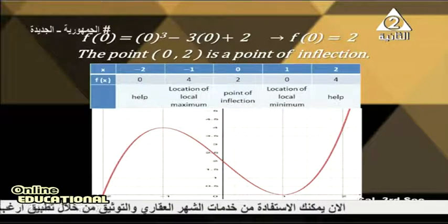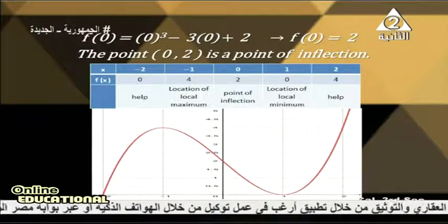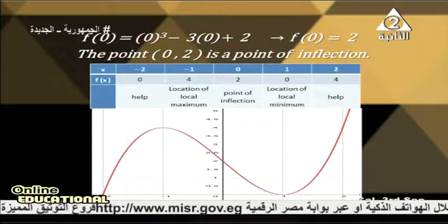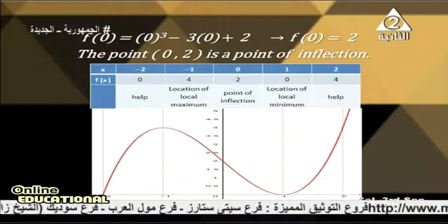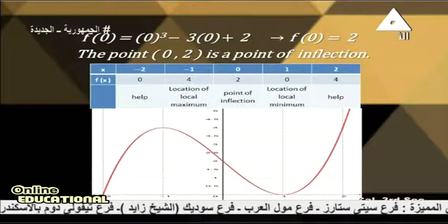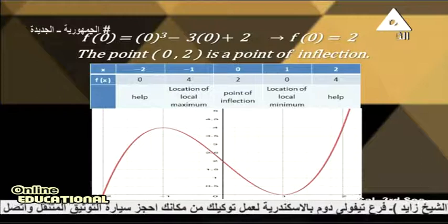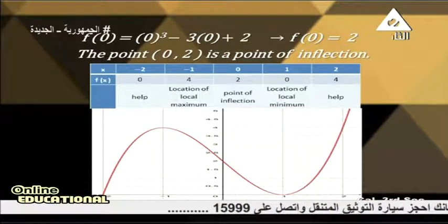by choosing the local maximum point, the local minimum point, and the inflection point on the curve, and draw the curve of the function passing through the points -2 and 0, -1 and 4, 0 and 2, 1 and 0, and passing through the point 2 and 4.